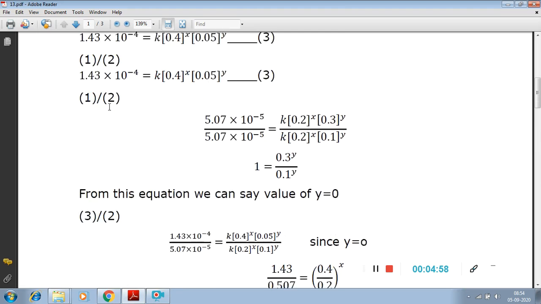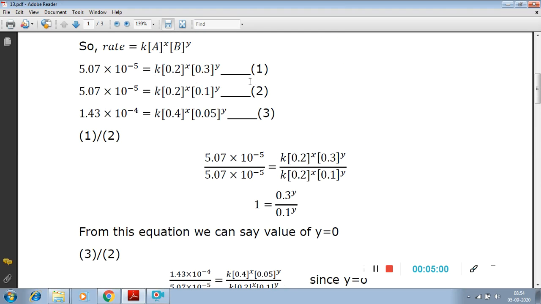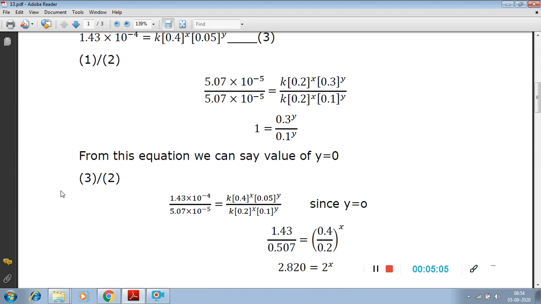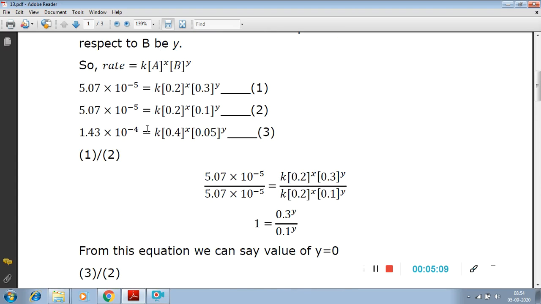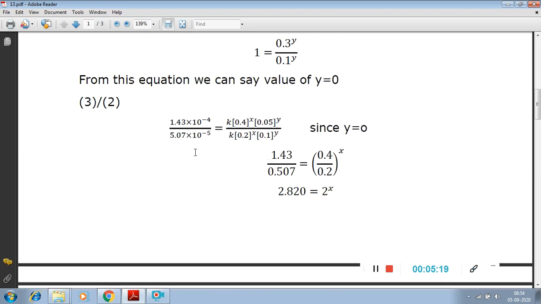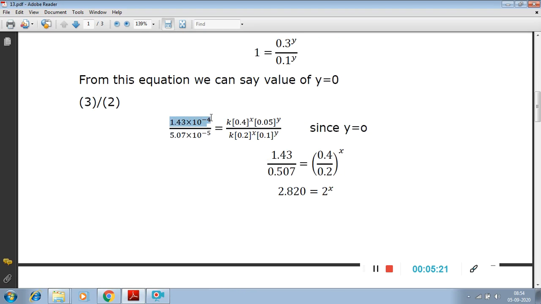Now same thing we are going to do again here. Divide third equation by 2. You can see third equation 1.43 into 10 raised to minus 4 is equal to k into 0.4 raised to x into 0.05 raised to y. So that equation I have written, divide by equation number 2.